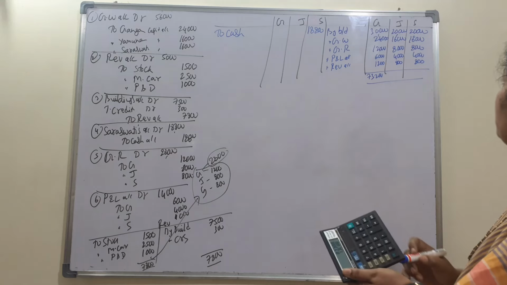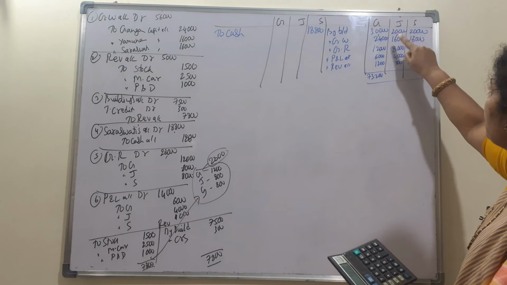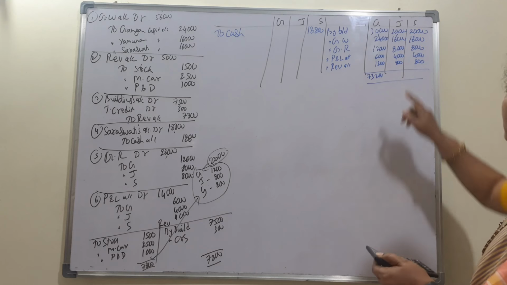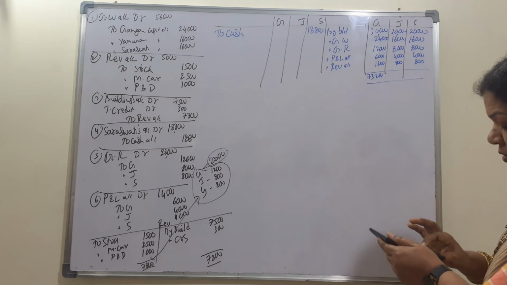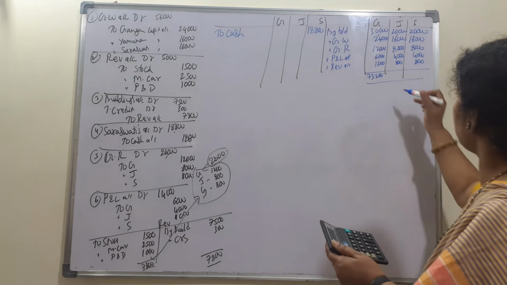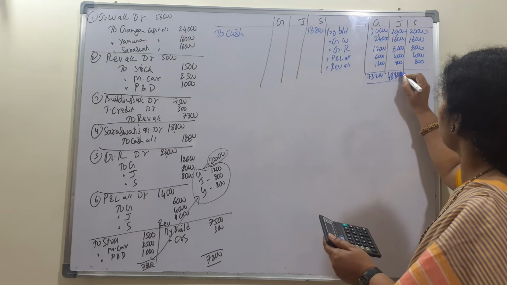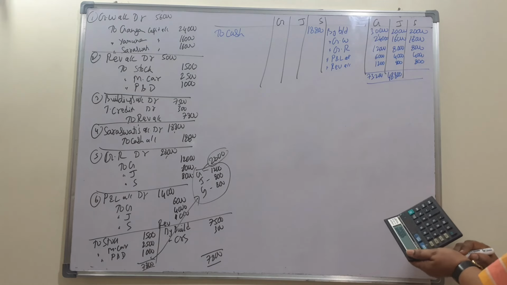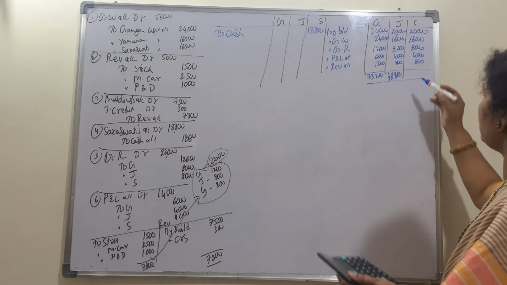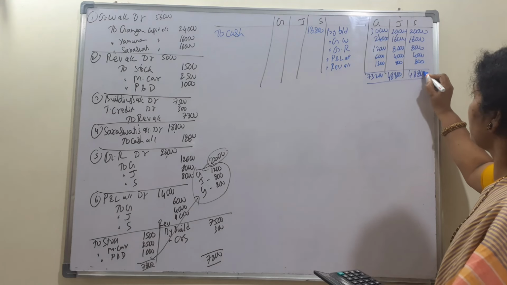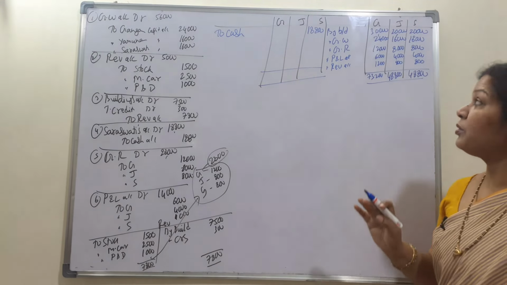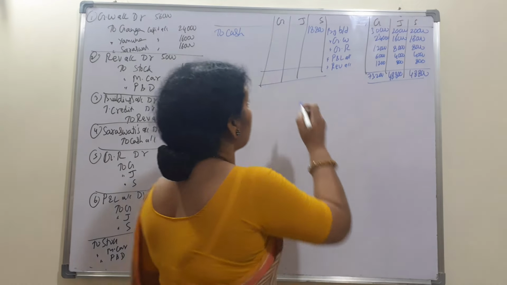In the same way this one is here 36,000 plus this is 12,000 plus 800. It is 48,800. In the same way Saraswati is 36,000, same amount, 48,800. When it comes to the carried down, we will write to the Ganga and Jamuna carried down amount only.